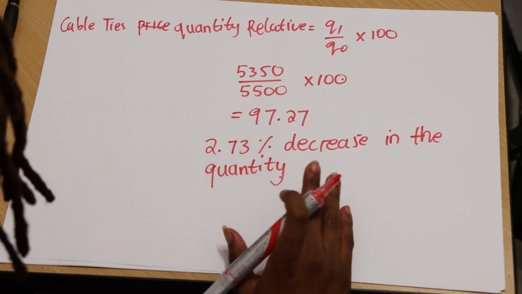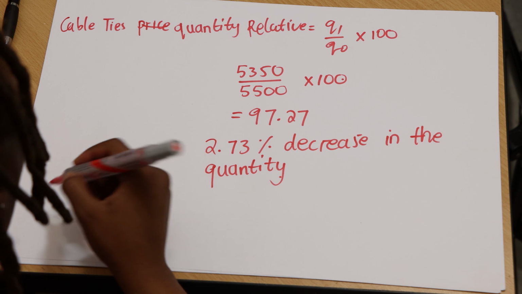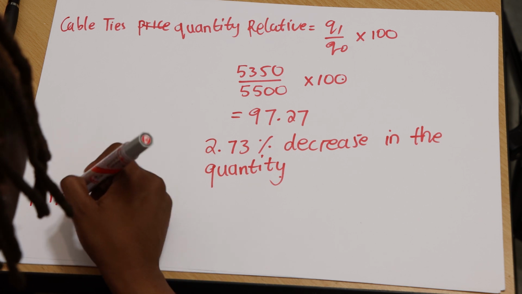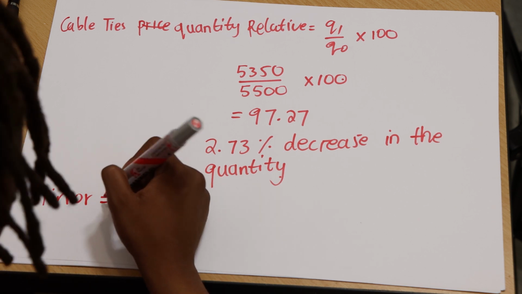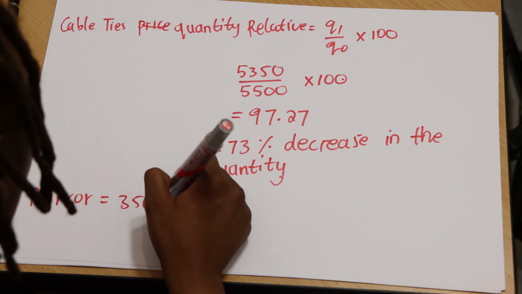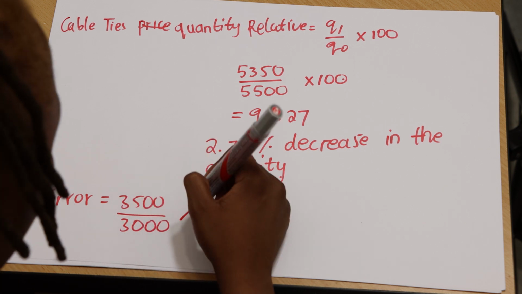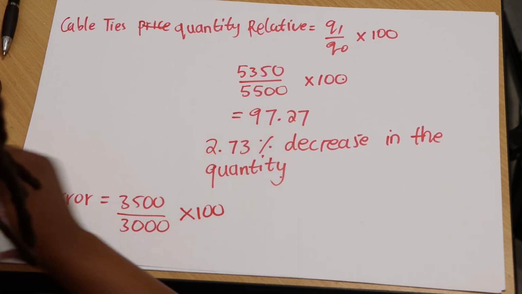And then they wanted two things. They wanted the quantity relative for mirrors as well. So for mirrors, taking from the same equation, it's going to be 3,500 divided by 3,000 times 100.